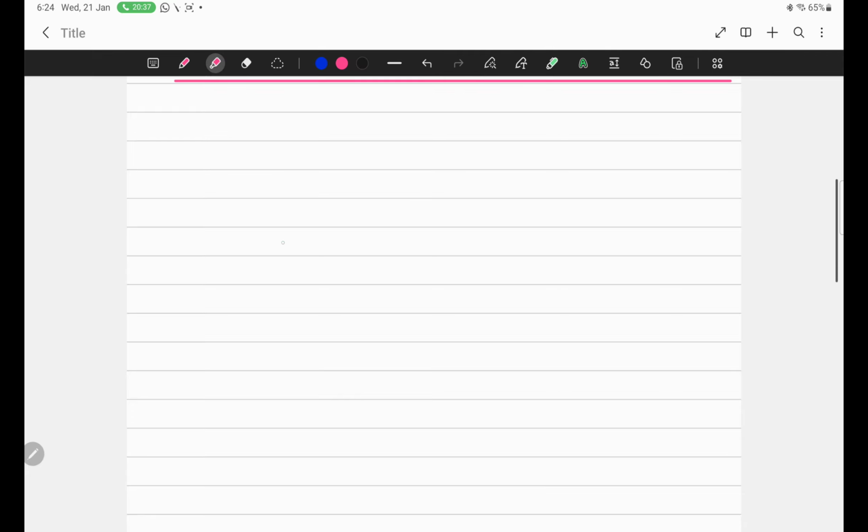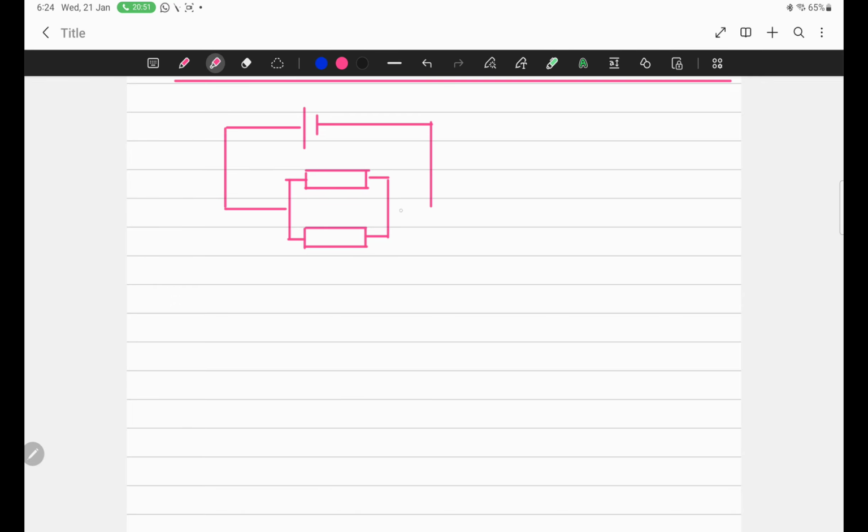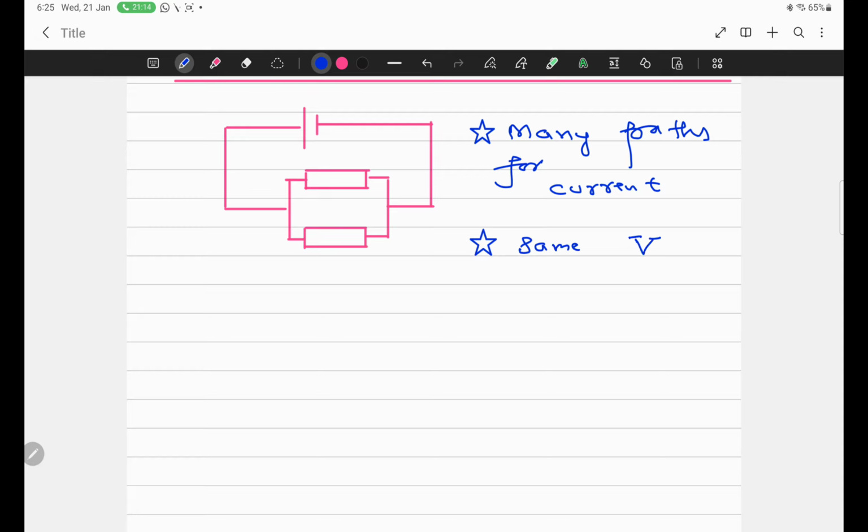And now, sir, if you are studying parallel circuit, sir, in parallel circuit, voltage is same, many paths to the flow of current, same voltage across each resistor, current is divided.